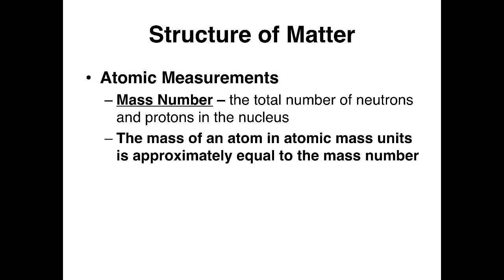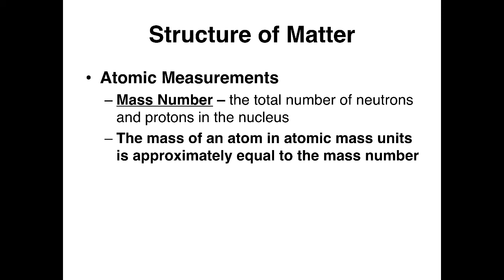The mass of an atom in atomic mass units is approximately the same as the mass number. The reason I say approximately the same is if you actually look at the mass of a single proton and you multiply, let's say you have 8 protons and 8 neutrons, that's an element called sulfur.